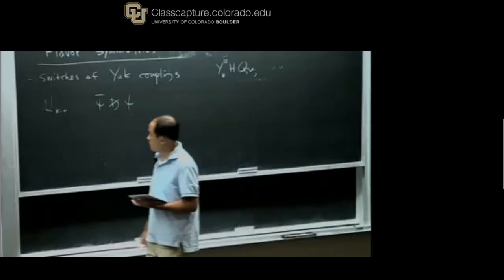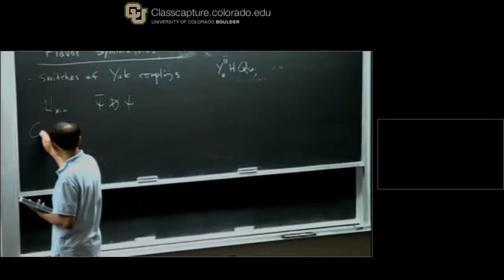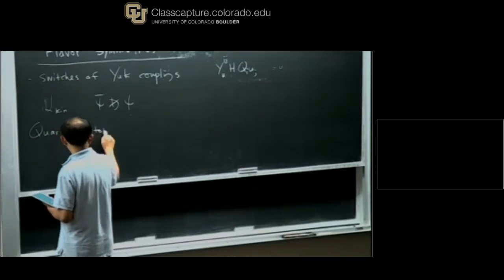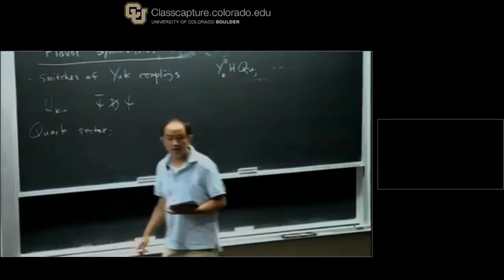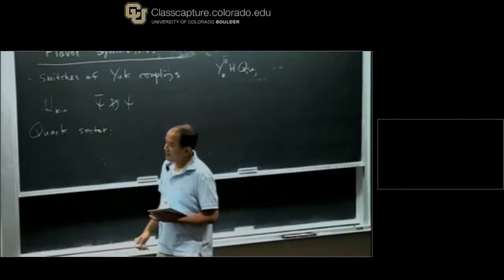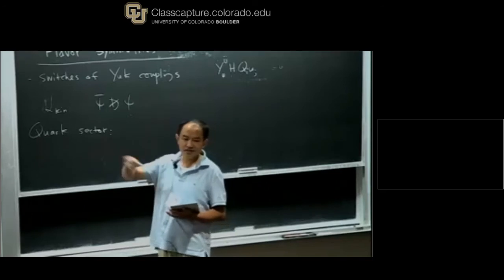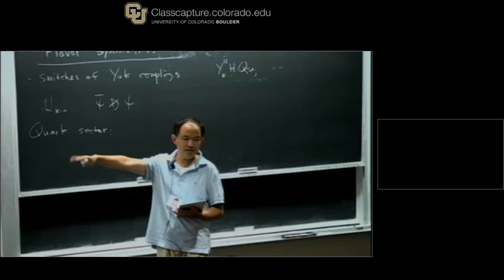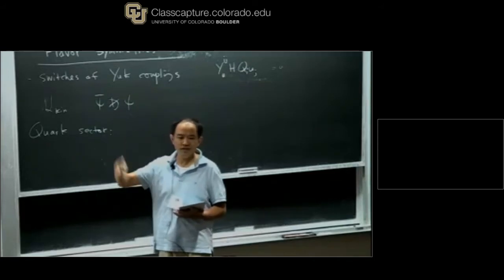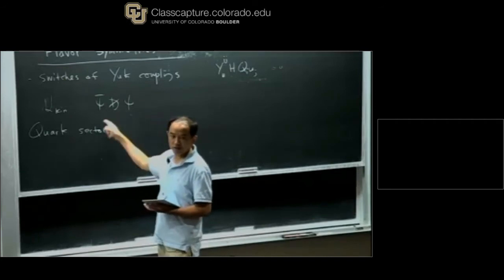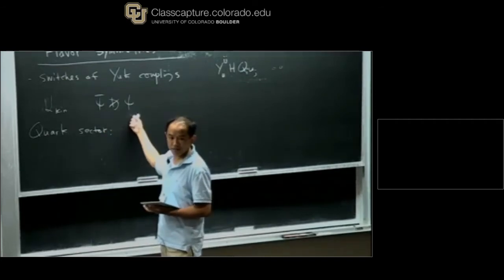So flavor symmetry in the quark sector. How many of them? All the QLs. There are three different left-handed doublets, right? I can rotate among them, do arbitrary flavor rotations, and it will still keep this invariant.